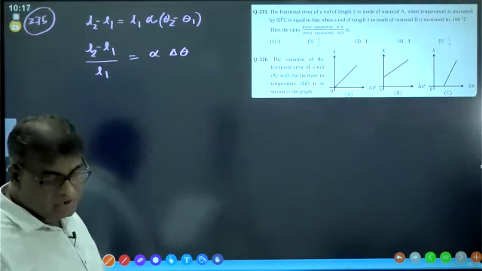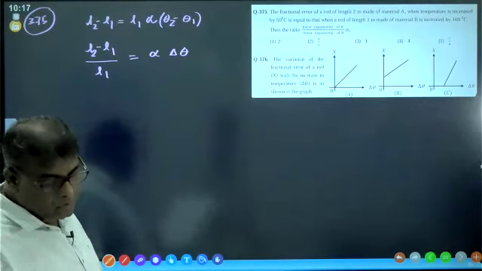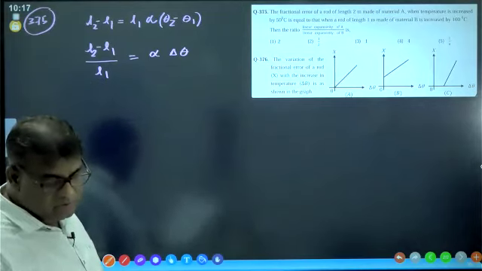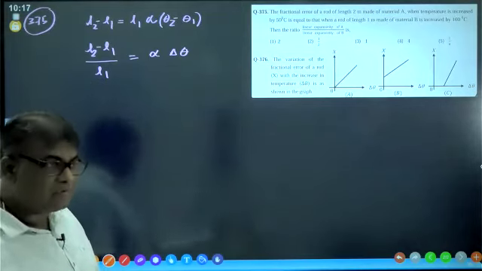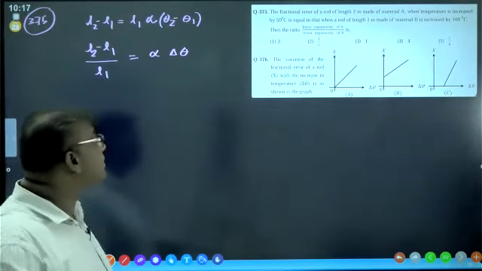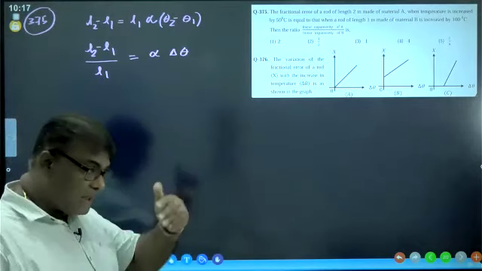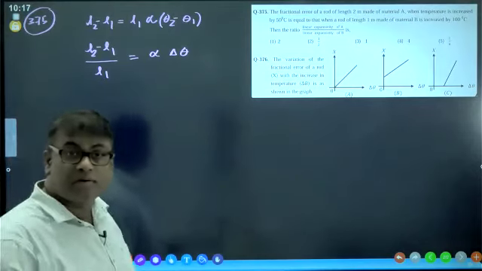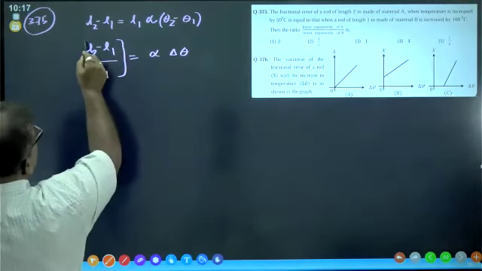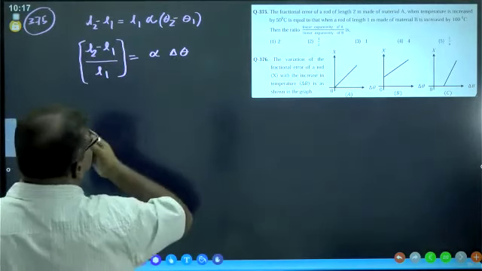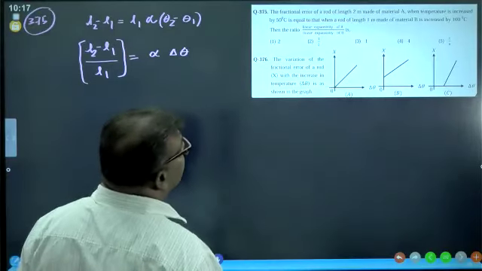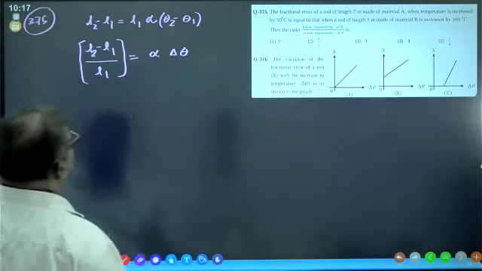Fractional change of length of the rod of 2 meter and of the rod of 1 meter, the fraction doesn't depend on the initial length, as it is a ratio, right? They need this whole value, depending only on these two. Then, according to the question, material B and material A are equal, no?